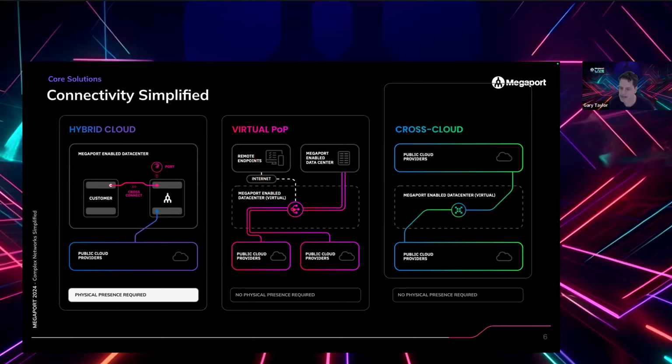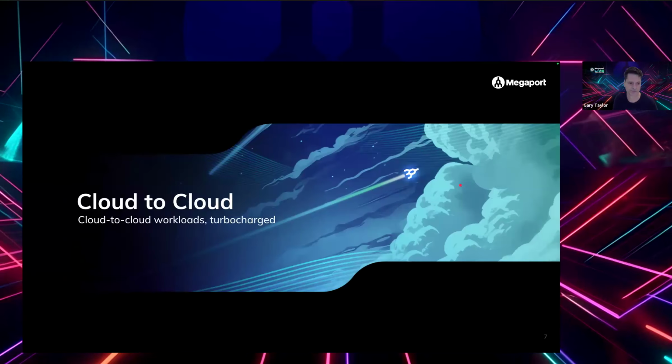Here you can deploy SD-WAN gateways, virtual routers, and virtual firewalls in minutes in real time in over 90 locations globally. Then on the right, we have cross-cloud, and that's where you spin up a virtual router, and that handles traffic between 2 or more clouds at the edge. And then in the demo portal, I will run through some of the latest features of the MCR.